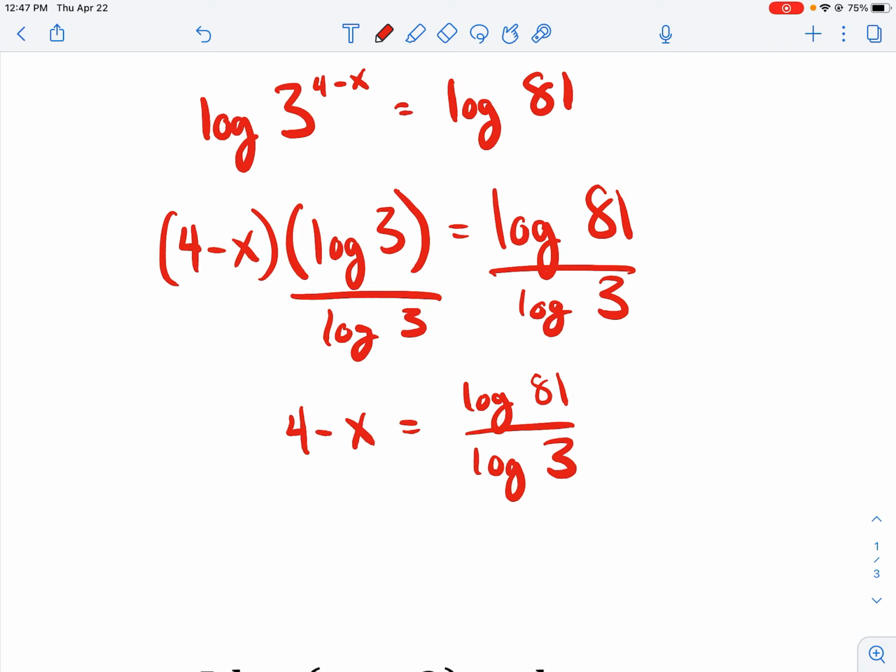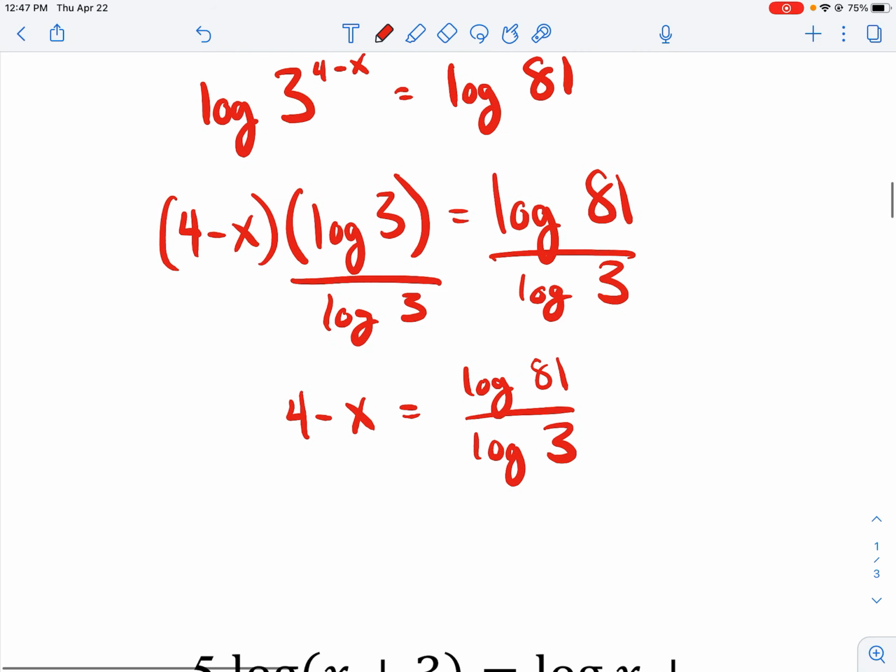So this is an actual number here. I guess I will solve that out. So log of 81. And I actually get a pretty nice number here. 4 minus x is equal to 4.